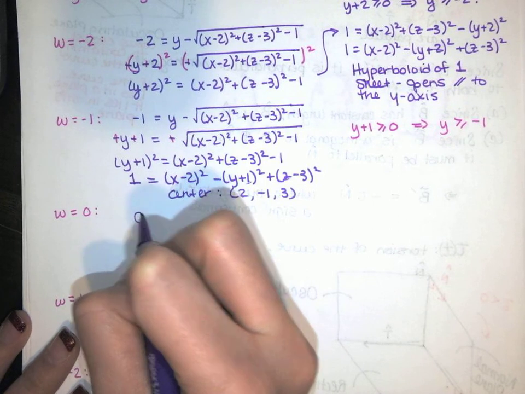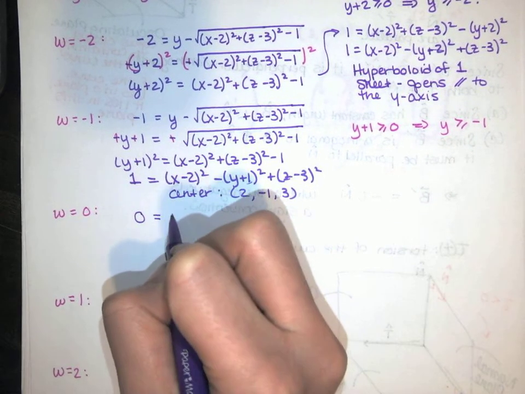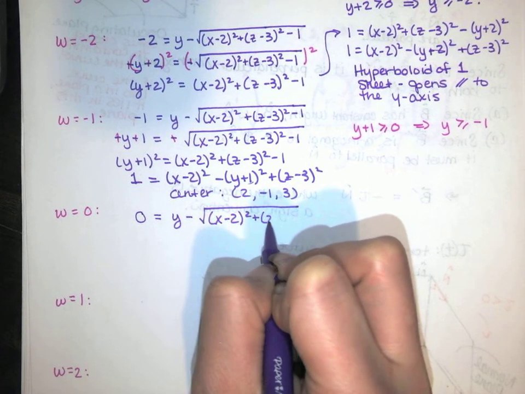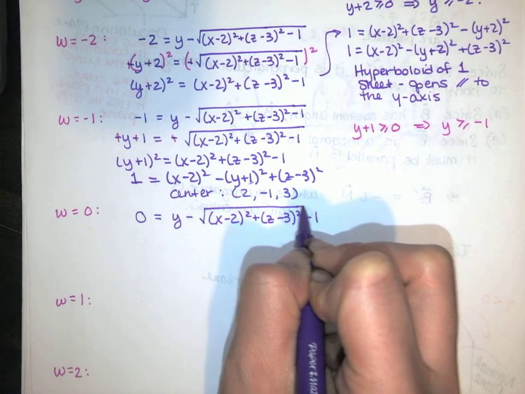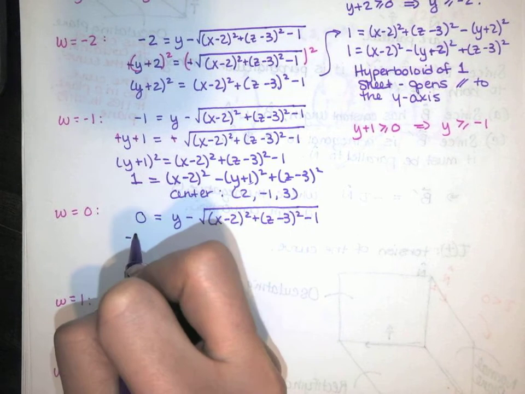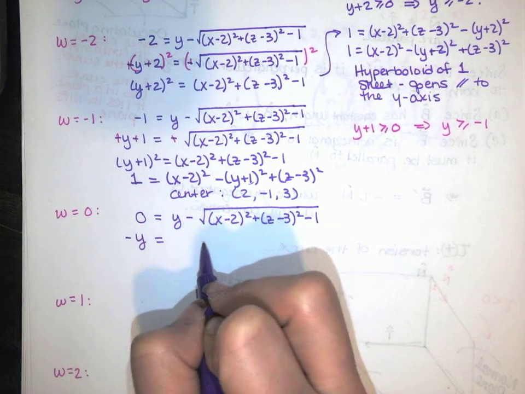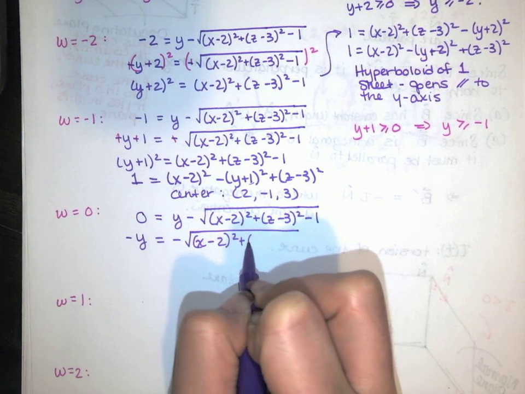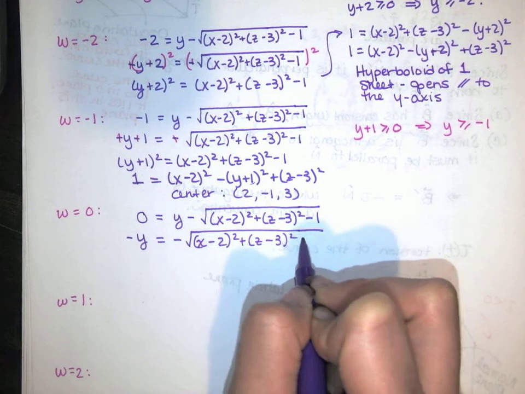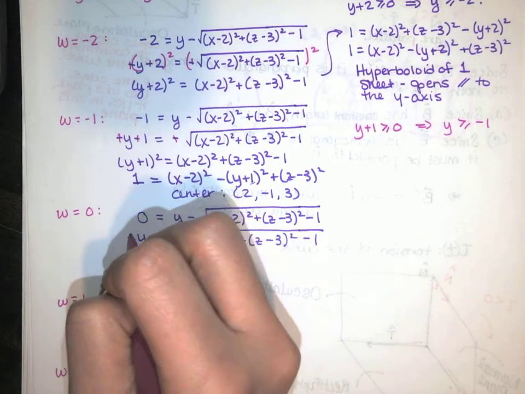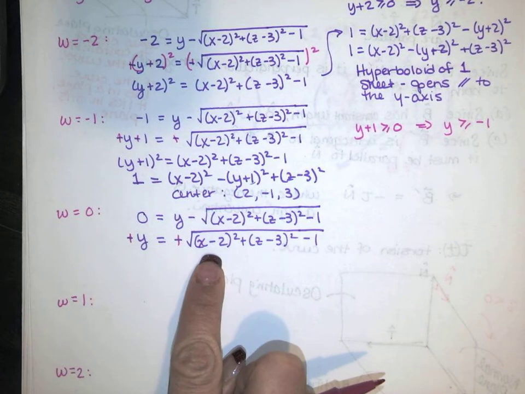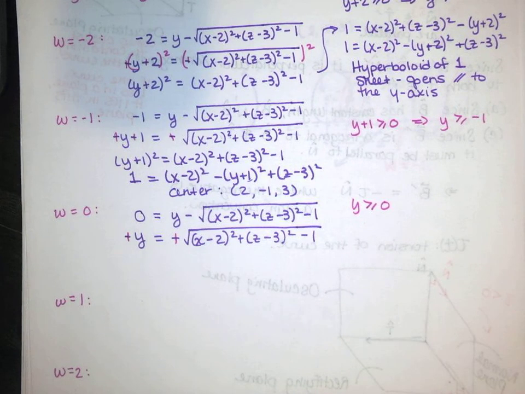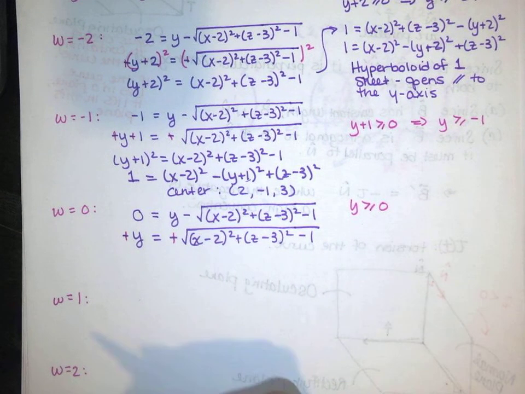So I've got 0 equals y minus this quantity. Subtract the y from both sides, multiply both sides by negative 1. Now I've got y equals a positive square root, so y must be greater than or equal to 0 this time, not negative 1.